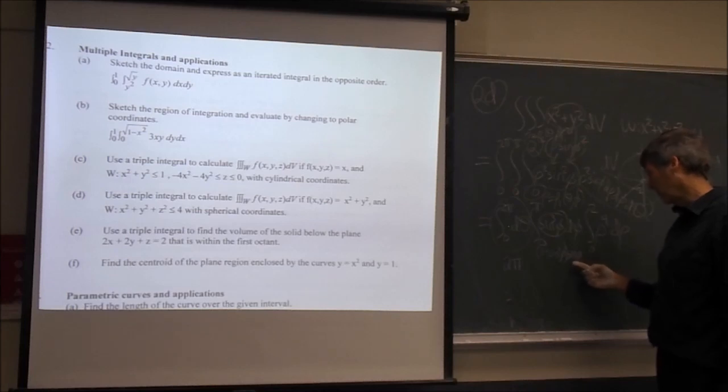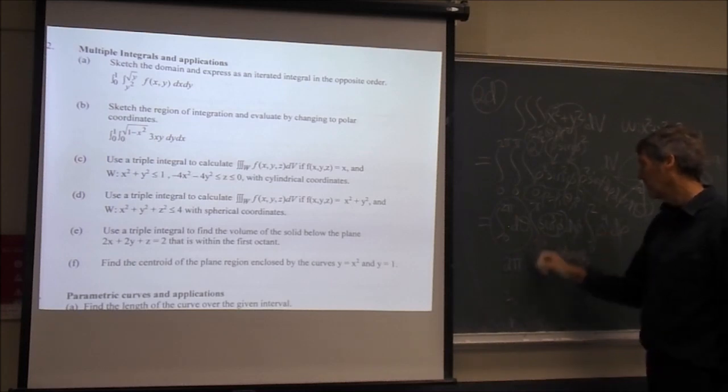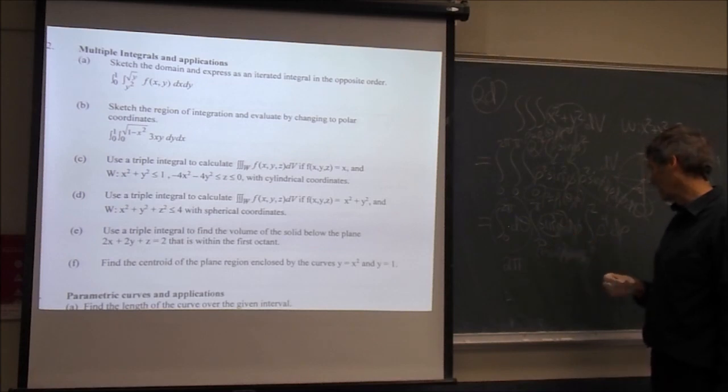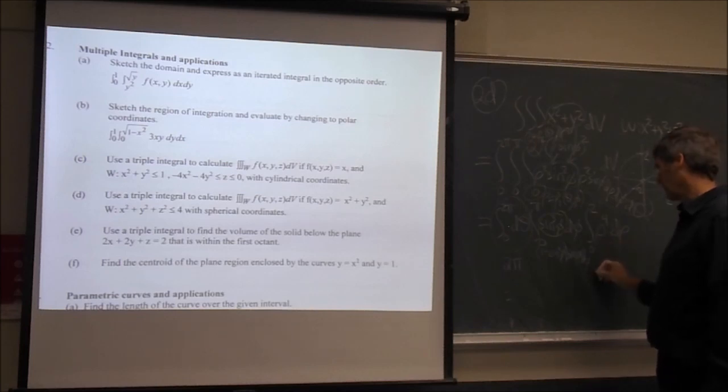Now you substitute u equals cosine phi, and this will be minus d phi. This last one just gives you rho to the fifth over 5. Plug in 0 and 2, it's easy to evaluate also.